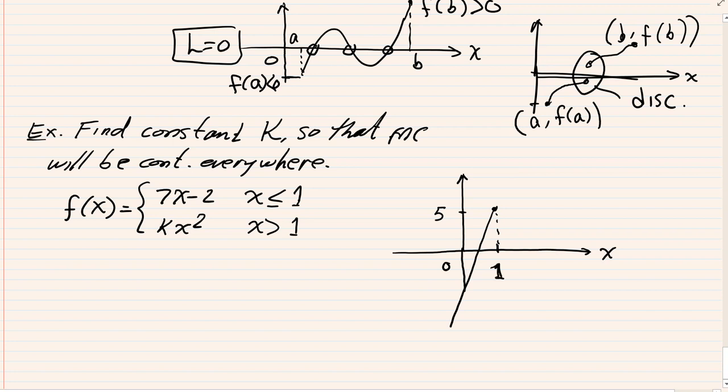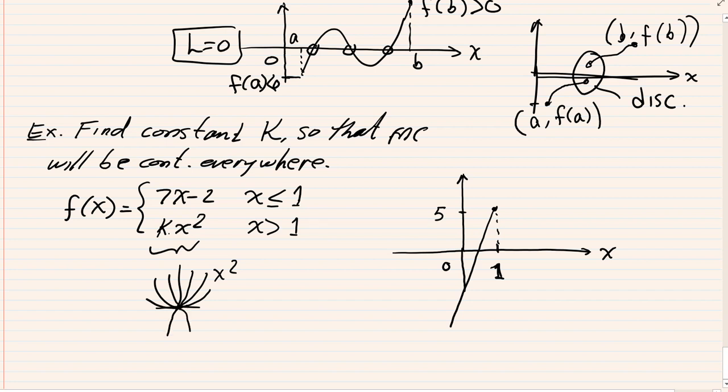Now, the second part of that is going to be kx squared. Remember, this is a parabola. k is a constant in front of a parabola. Our parabolas look like this. That's x squared. k is just a constant multiple, which causes a parabola to either become flat or narrow and possibly reflect.